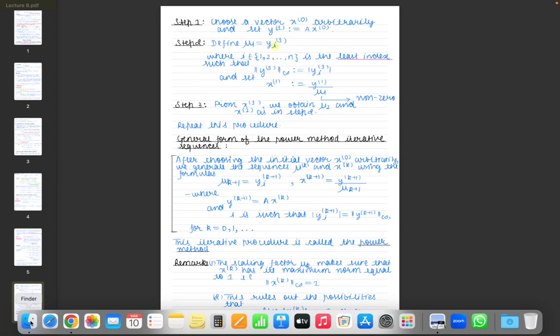So these are the general form where this y k plus 1 is defined to be A of x k, and I is such that mod of y_i k plus 1 mod is actually the norm of y k plus 1 infinity, for k going from 0, 1 up to so on and so forth.